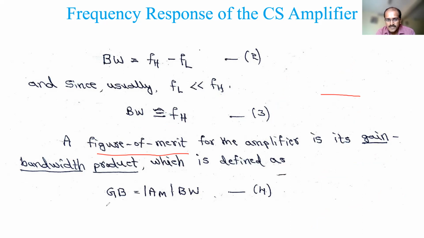Gain bandwidth product equals AM, the mid-band gain, into bandwidth. AM is what we wrote as equation 1. Bandwidth is nothing but either the higher cutoff frequency FH, or FH minus FL. That is the figure of merit for the amplifier.